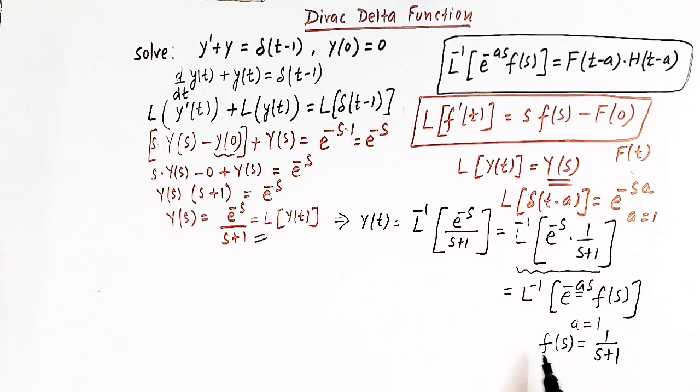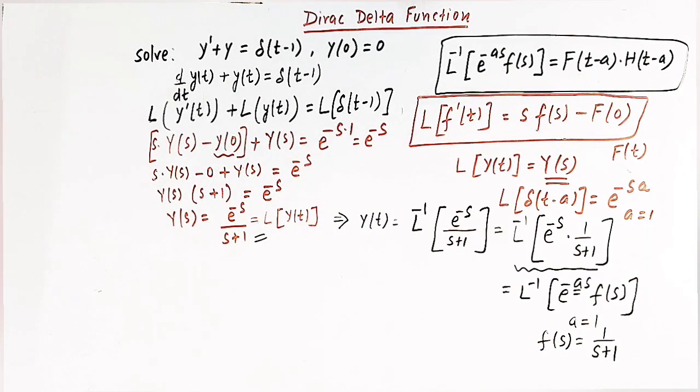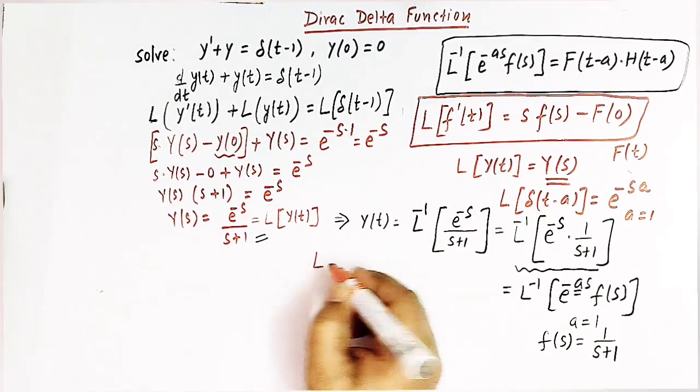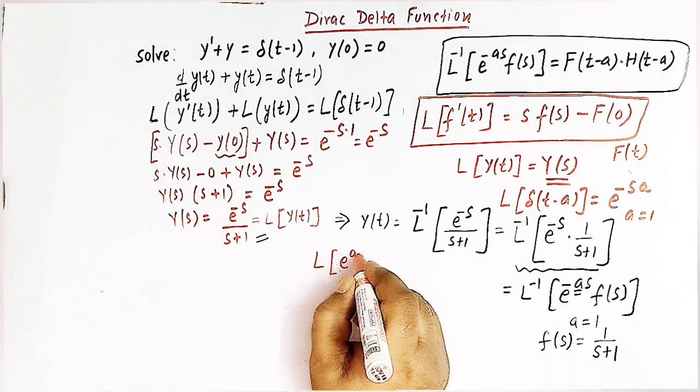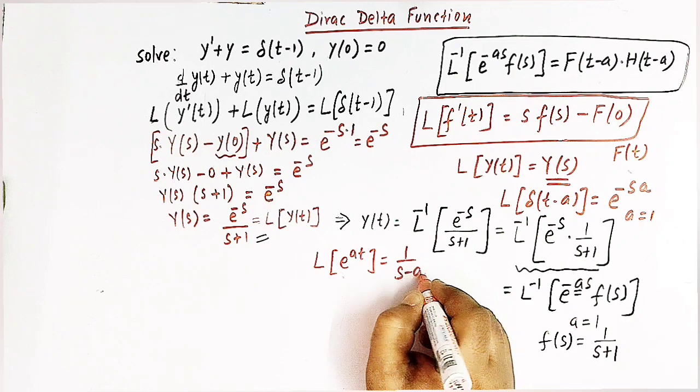So the Laplace transform of some function, f of s, is equal to 1 over s plus 1. So let us find out that function whose Laplace transform is 1 over s plus 1. Now we know that the Laplace transform of the function e raised to at is given by 1 over s minus a.